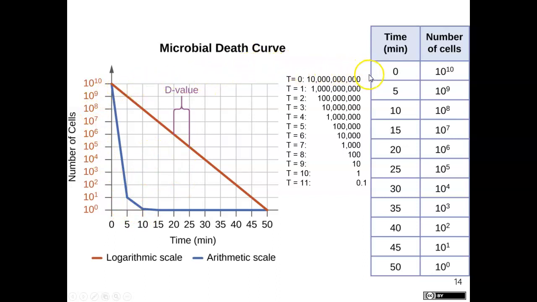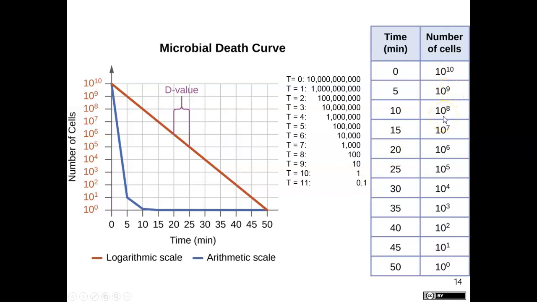The way to figure out the D time is this way, where you have 10 to the 10th. You can count these: 3, 6, 9, 10. So 10 to the 10th number of cells is 10 billion. Then we reduce the decimal each time, so it goes 10 to the 9th, 10 to the 8th, 10 to the 7th. I always just say move the decimal over each time. After a certain number of D times, you're going to have less than 1 full cell. So here at 5 minutes you have 1 billion cells.